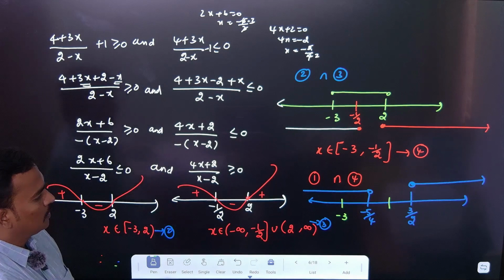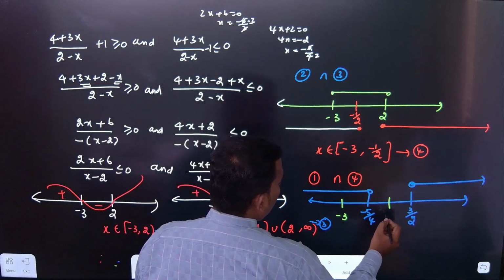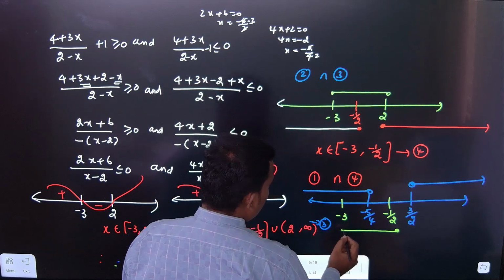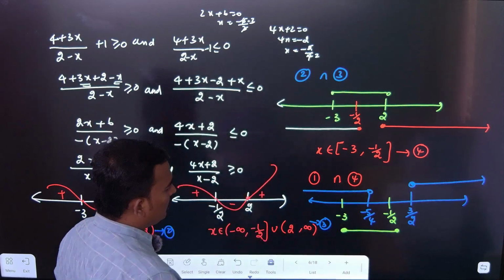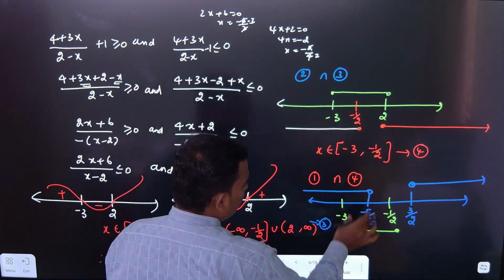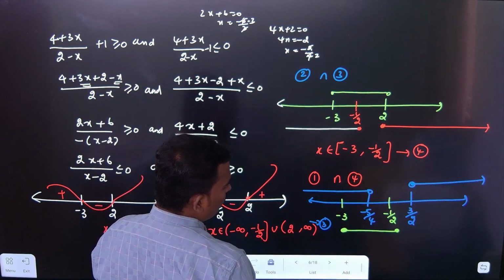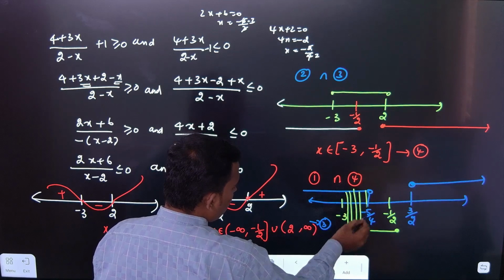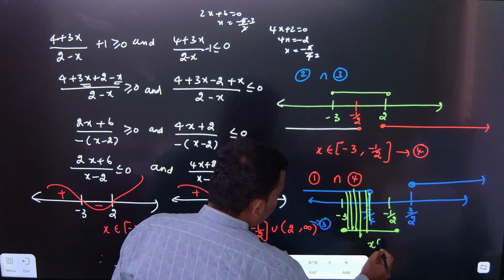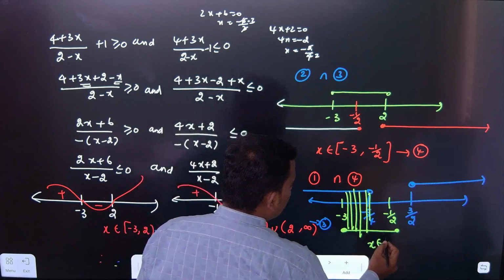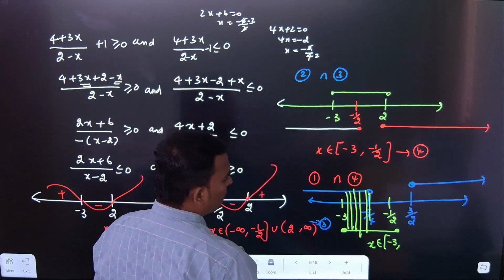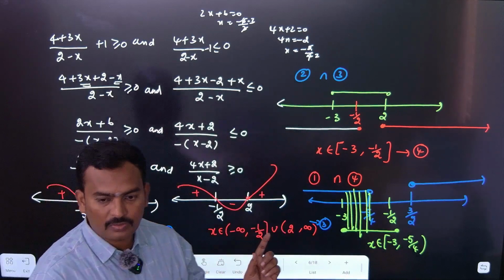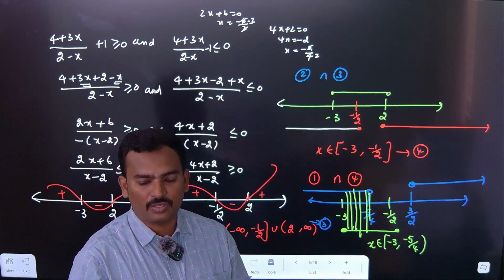So the common thing you can see here, this is your common thing, right? So therefore x belongs to minus 3 is included, and then minus 5 by 4 is not included. This is your complete domain of the sum of these two functions.